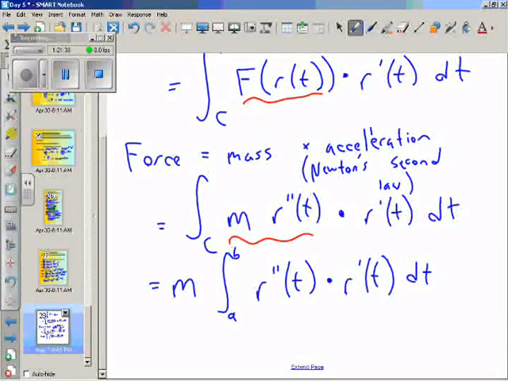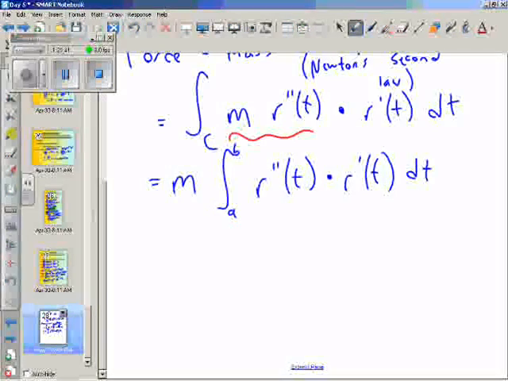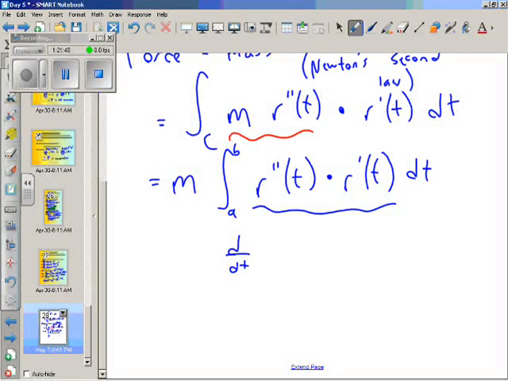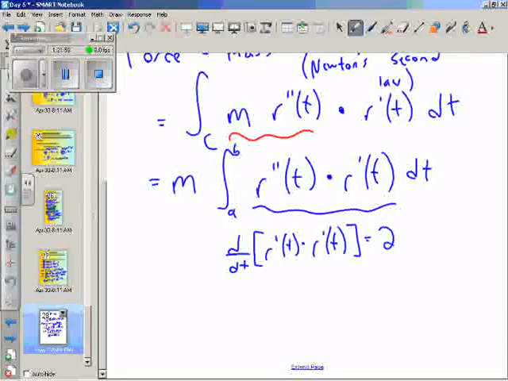And we actually proved a theorem way back in chapter 2: d/dt of r prime of t dotted with itself equals 2 r prime of t dotted with r double prime.